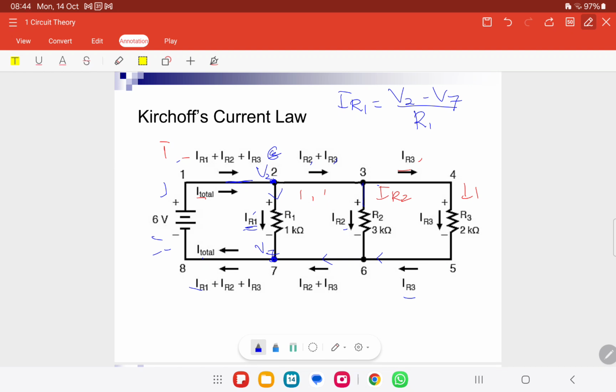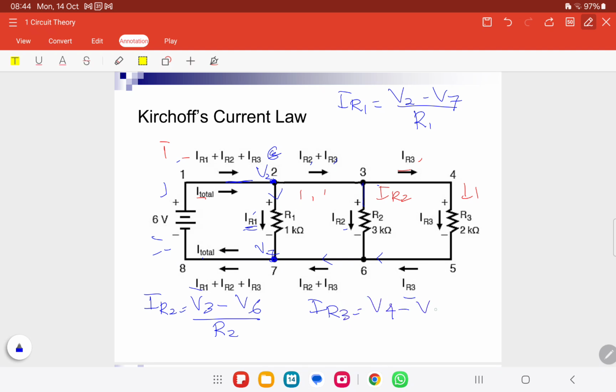For IR2 pula apa? Macam mana nak dapat IR2? V3 minus V6 over R2. For IR3, betul lah, IR3 over R3.